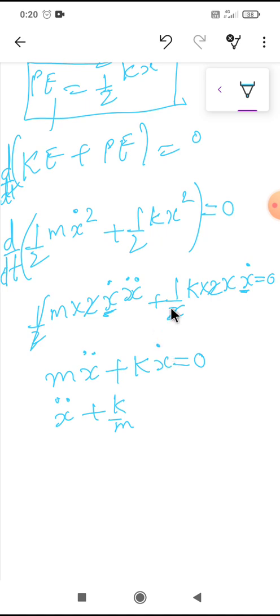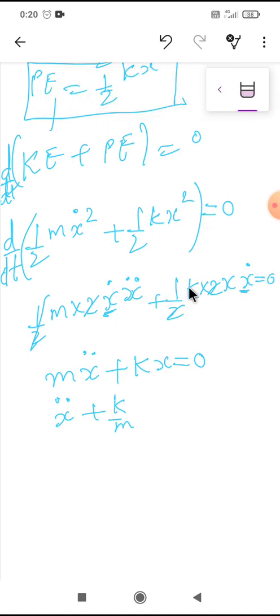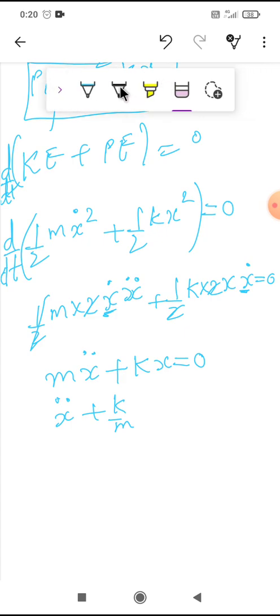Sorry, here it will be just x, not x dot, because x dot we have taken as common, so we are left with just x. If I divide this equation by m, we get x double dot plus k by m x.